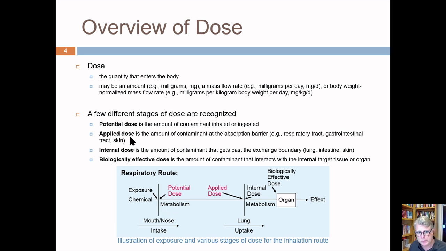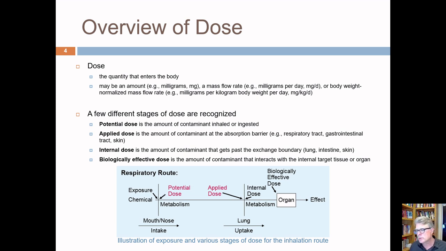Applied dose is the next step in dosimetry, and it is defined as the amount of contaminant at the absorption barrier. For the airways, that absorption barrier would be the respiratory tract. For ingestion, it would be the GI tract, and for skin, it would be the skin.